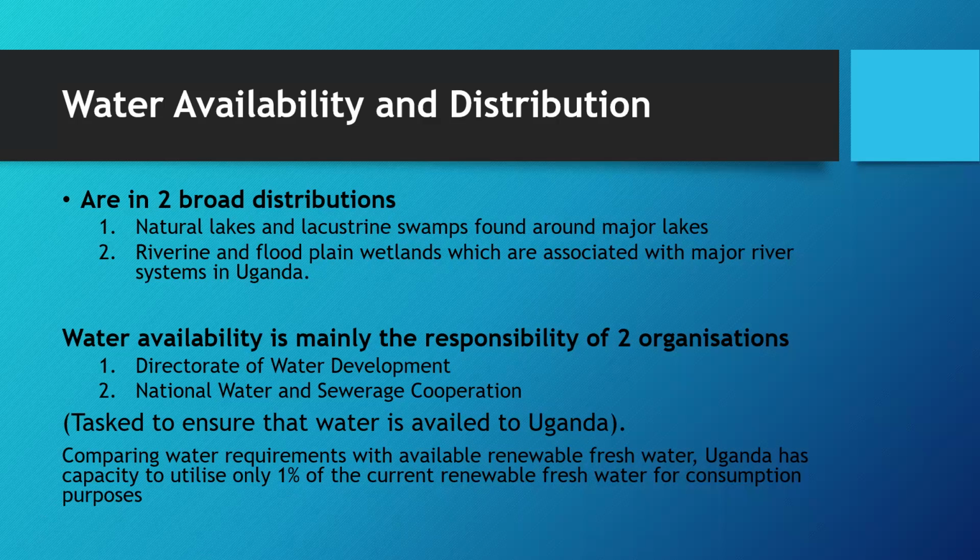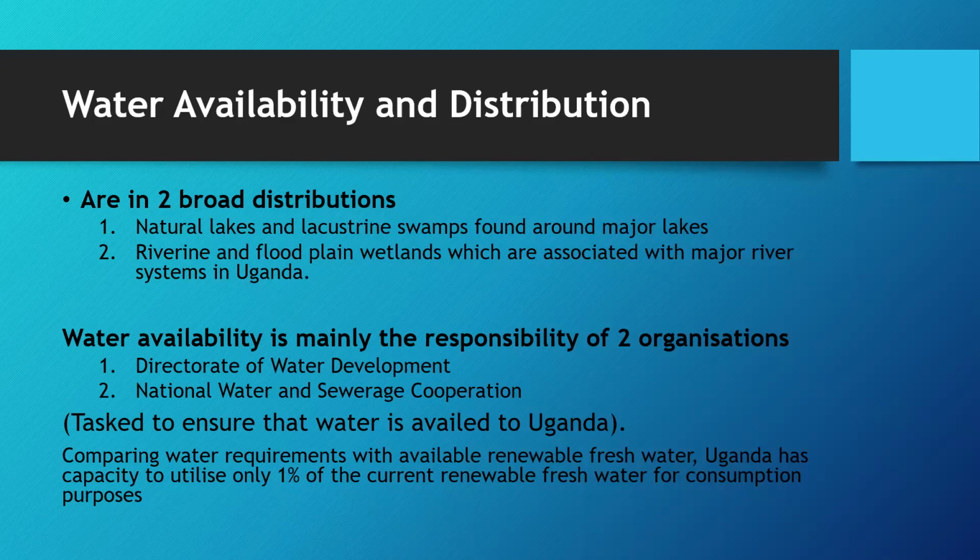For example, if you go out there and look around, you realize that where there is a lake, there is a swamp around it, and that swamp continues and connects, and so they usually end up into the riverine wetlands. We have two organizations responsible for water in Uganda: the Directorate of Water and Development, and the National Water and Sewerage Corporation.